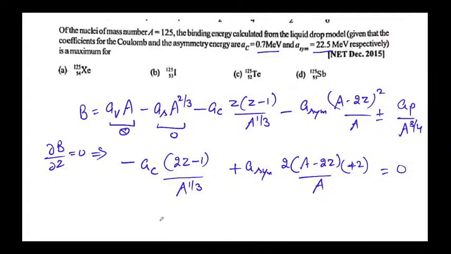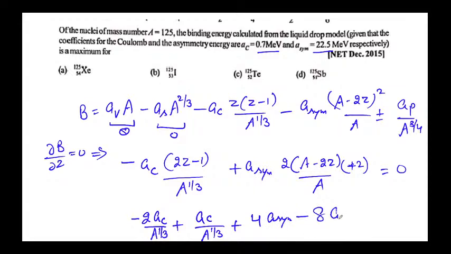So we can write this equation as minus 2a_c over A^(1/3) plus a_c over A^(1/3) plus 4 a_a minus a_a times... over A times Z, equal to 0.